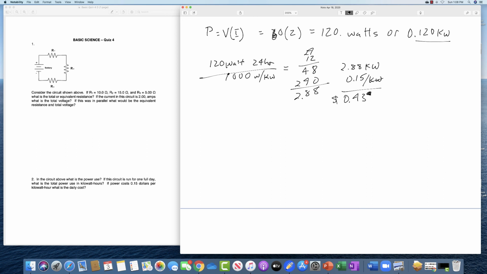So this number without the 1,000 would be watt hours, but we said kilowatt hours, so we're dividing by 1,000. So we end up with 2.88 kilowatt hours. And then it's 0.15 dollars per kilowatt hour, so you multiply those two together and you get that.